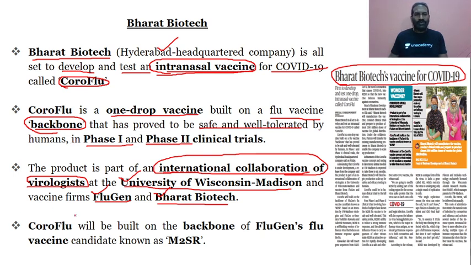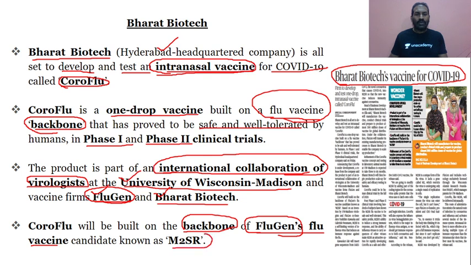And Coroflu, the intranasal vaccine, will be built on the backbone. Now, this is what I was talking about. It will be built on the flu vaccine backbone. So it is the backbone of Flugen, which is the vaccine company. So based on the backbone of Flugen's flu vaccine, it will be developed, and this vaccine candidate is known as M2SR.